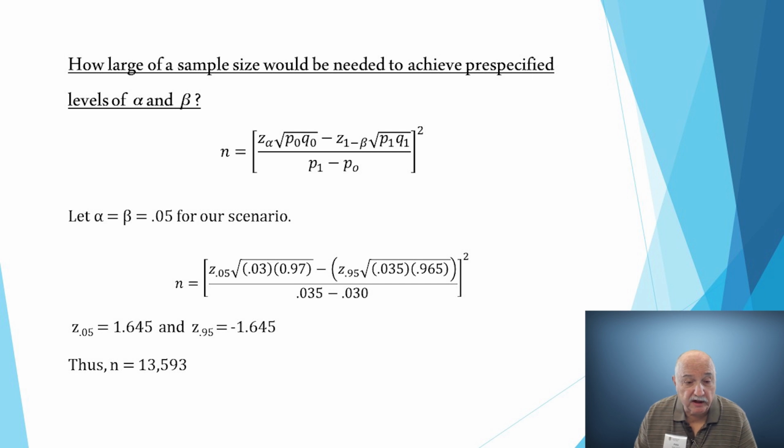That's under the first radical. Under the second radical, P1 represents the population response rate under the alternative hypothesis, and based on our testing, we found that that's equal to 0.035. 1 minus that is 0.965.